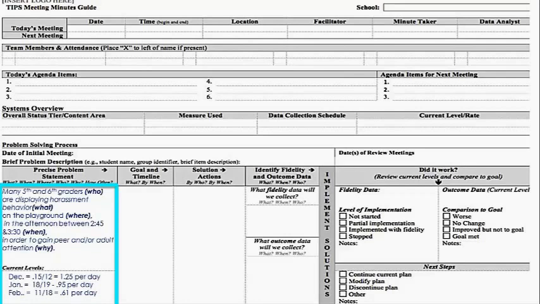So in our drill down, we asked the question, if harassment is our problem behavior, who has the most incidents for harassment? And we found out it was the 5th and 6th graders. And then we drilled down to find out that harassment was occurring with the 5th and 6th graders on the playground. And we drilled down to find out that it wasn't all of the time, it was between 2:45 and 3:30. And then finally, we wanted to find out the reason or motivation behind that, which is our function of behavior, and we have peer and adult attention.